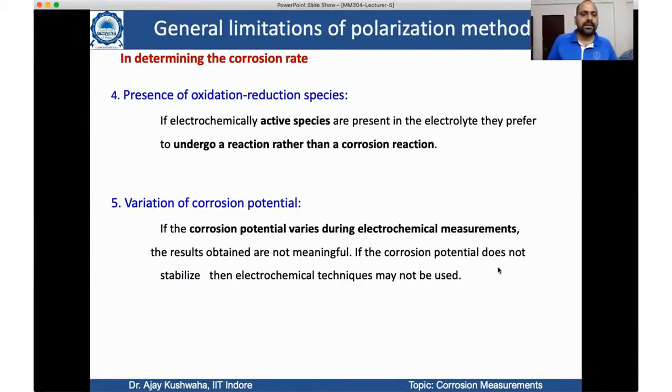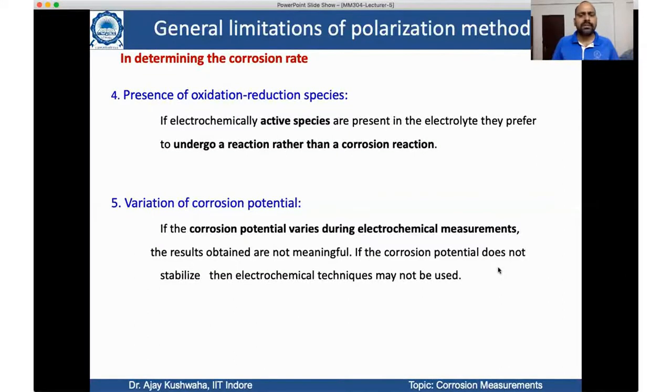Another parameter is variation of the corrosion potential. When we started our experiment, we measured the open circuit potential, which is also known as the corrosion potential. But if it is fluctuating or not fixed, then whatever current we measure, or whatever resistance we calculate from it, will not be accurate.